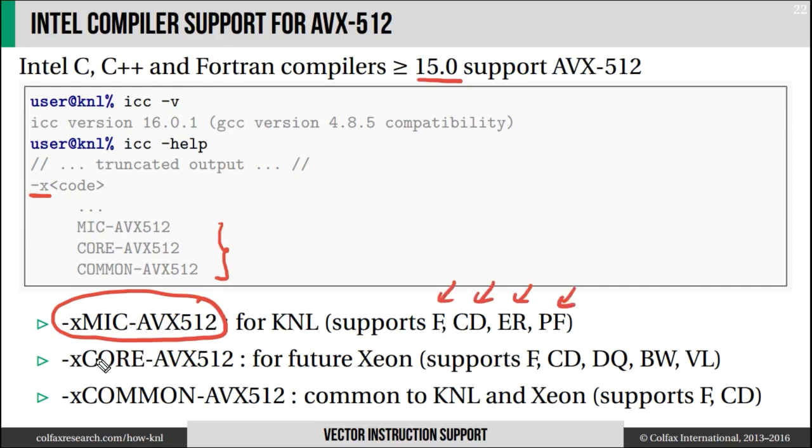If you want to compile for future Xeons, you can use CORE-AVX512, and if you want to produce code that will be guaranteed to run both on Xeon Phi and on a future Xeon, then use COMMON-AVX512, which will only enable fundamentals and conflict detection.